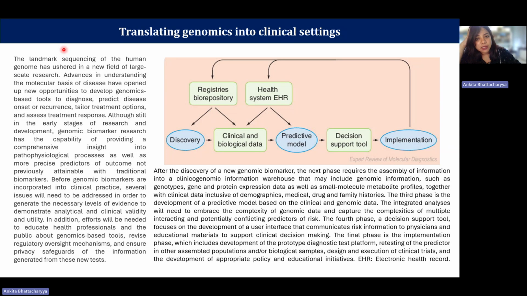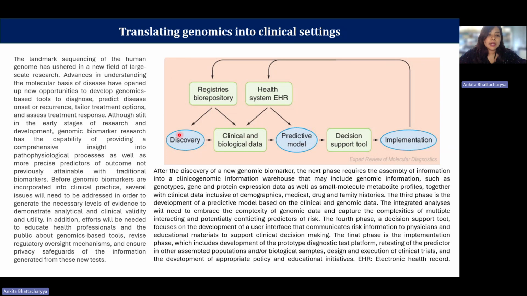But anyway, best efforts by researchers, best efforts by clinicians must be considered, and the public should get to know about genomic-based tools, revise oversight mechanisms, and ensure that privacy safeguards of the information generated from these new tests can all be taken into consideration. So let's look at the schematic briefly and also then understand the associated text.